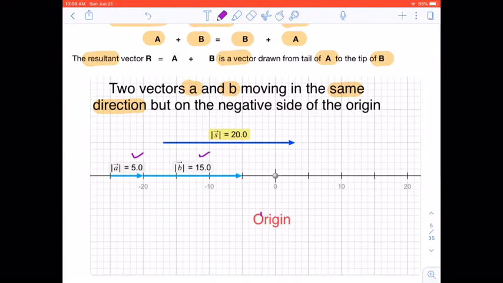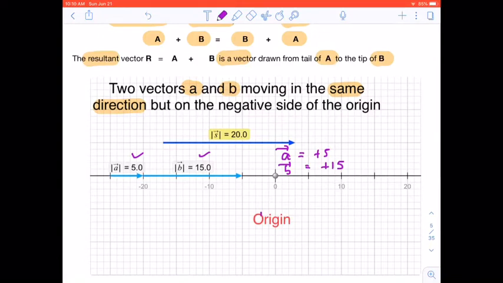The direction of vector A is plus 5, and vector B is plus 15. Here we don't have units, but we could specify them, and these could be regarded as displacement vectors or force vectors.